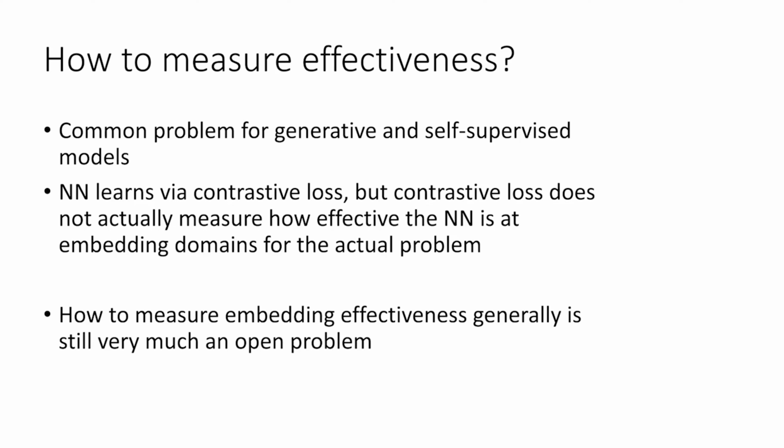So that's a little bit of a problem. And realistically, it's a problem for embeddings in general. It's very much an open problem to say, given this set of embeddings, are these the optimal set of embeddings for this data, unless you have some task that you're going to be putting them to use for.